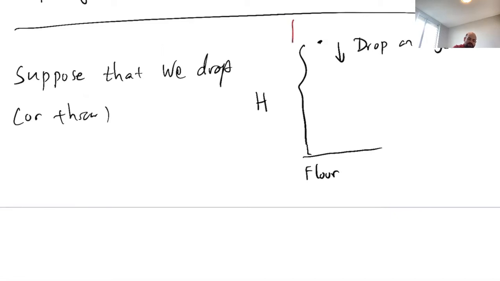That's also possible, right? Either drop or throw. This is throwing upward. You could also throw it downward. Anything possible. So suppose that we drop or throw an object from height h.